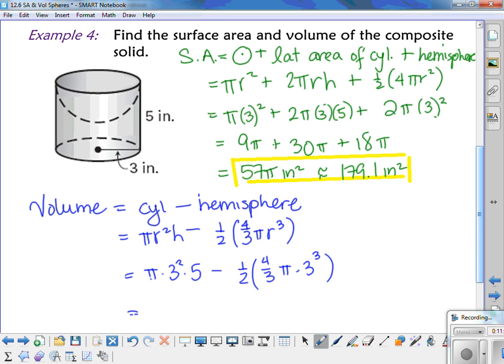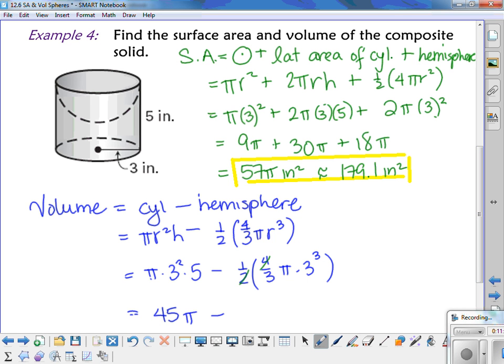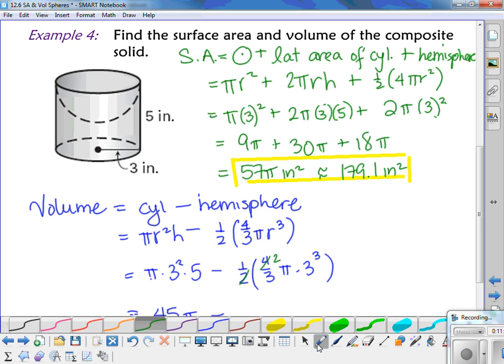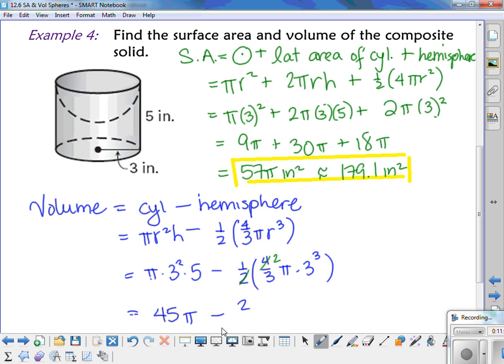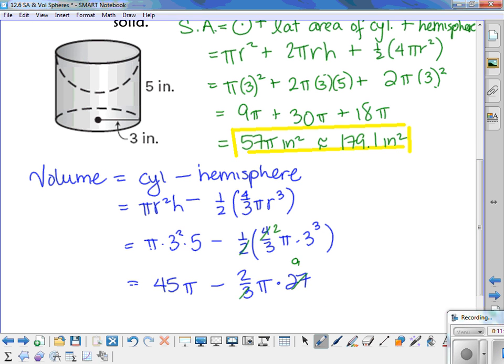So here we have 9 times 5, which is 45 pi. And on the next one, I'm going to go ahead and cancel out the 2 there. So now I have 2/3 pi times 27, which I can still cancel out a little bit more. That 3 goes into that 9 times.